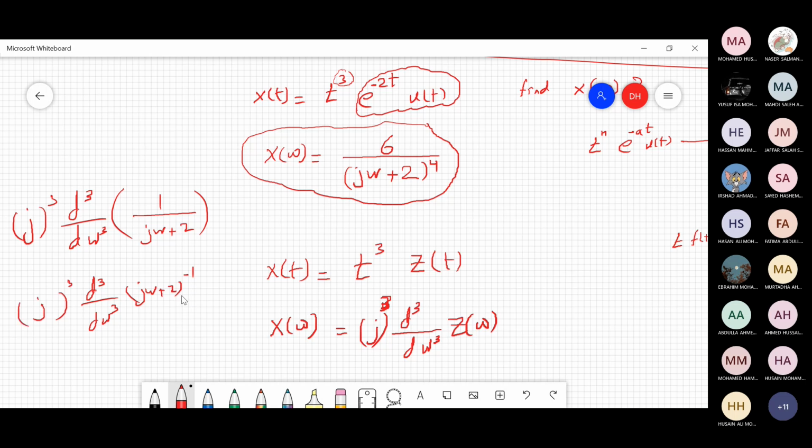The third derivative, well, it's very easy. So it is first we multiplied by minus 1 to the power of minus 2, but then we multiplied by minus 2 to the power of minus 3, then we multiplied by minus 3 and to the power of minus 4. So then at the end you will get this. Then it's minus 1 multiplied by minus 2 multiplied by minus 3, and don't forget that here we have j also. Okay, with derivative inside also we have j. Clear? So at the end you will get same answer. Any questions?